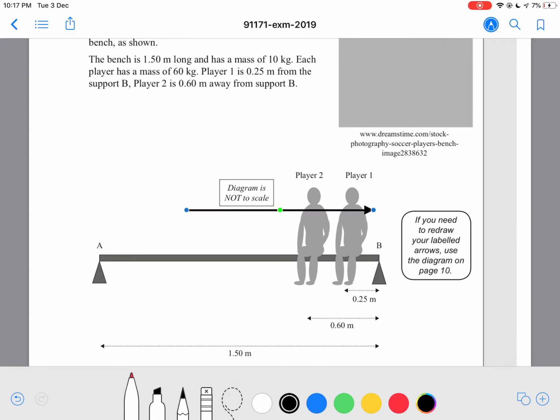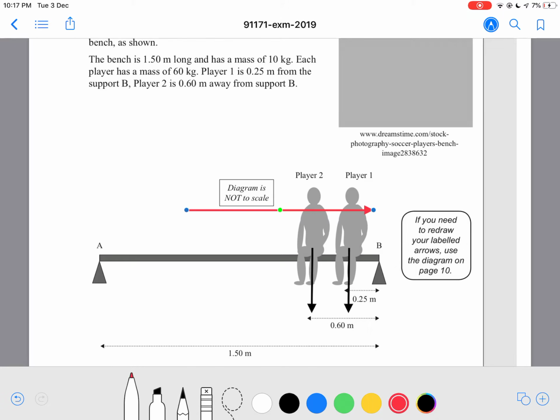So it should be represented something like this. This is just the 2 players from the center of mass. Player 1 and player 2 will have the same size arrow because they're both 60 kilograms, and therefore they will have an equal weight force. So these 2 will be the same.